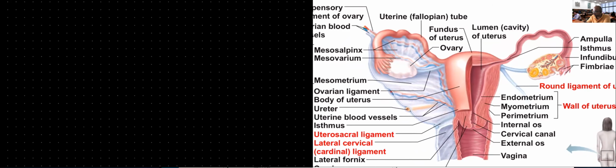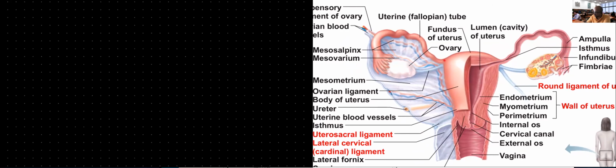Looking at the different parts of the uterus, we've got the dome-shaped part of the uterus. This is called the fundus. The mid-region of the uterus is the body of the uterus.